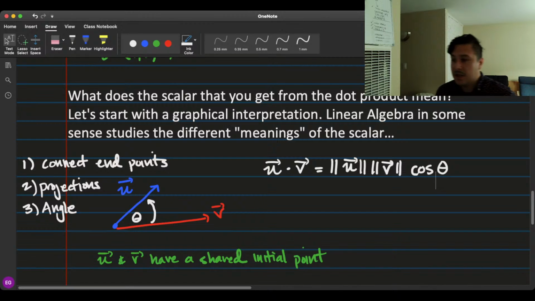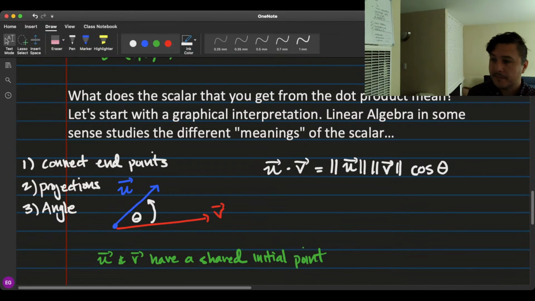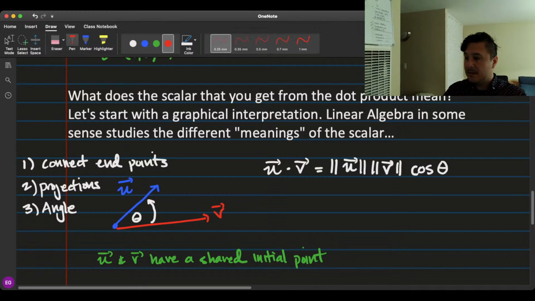So this gives us a graphical interpretation of what the dot product is. And actually, you can solve this for cosine, and you get that the cosine of the angle between the two vectors is U dotted with V divided by their magnitudes.